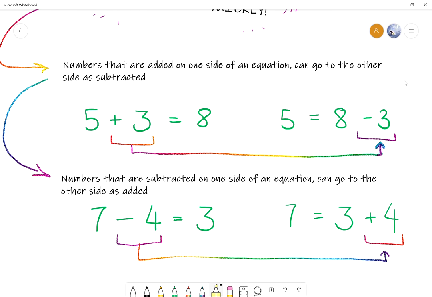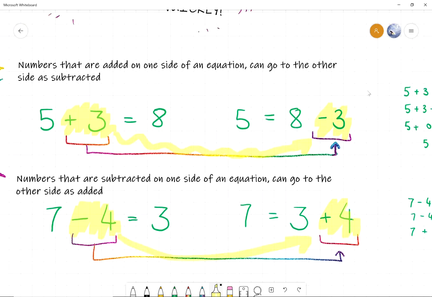For example, in the examples that we have right here, I moved plus 3 to the other side of the equation as minus 3. And in this equation here below, this minus 4, I moved it to the other side as plus 4. Okay, does that make sense, Natalie? Yeah. How about Addison? You're good?